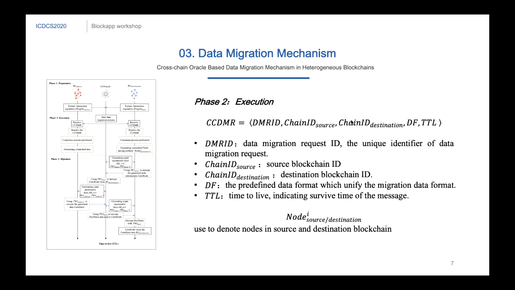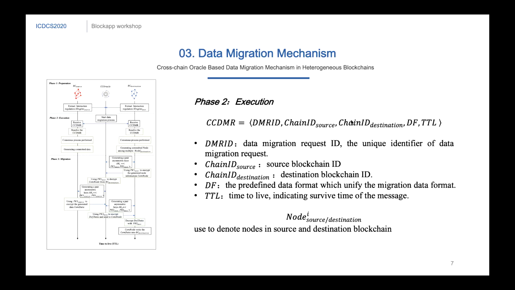DF is the predefined data format, which unifies the migration data format. TTL denotes time to live, indicating the survival time of the message. Once the time expires, the message will lose its effect. In this way, the TTL can guarantee the effectiveness of a data migration message.